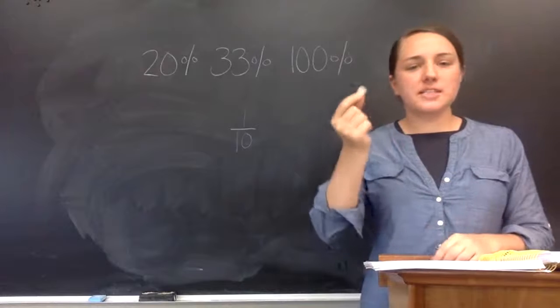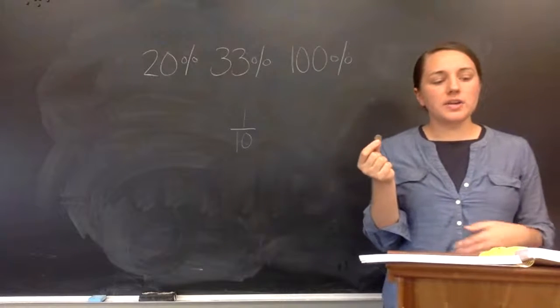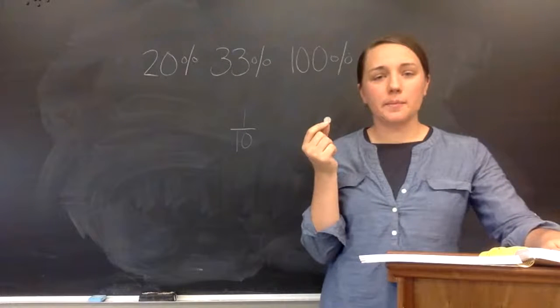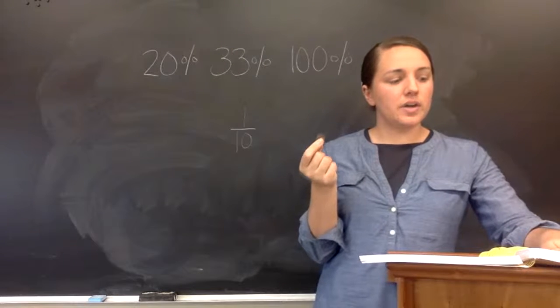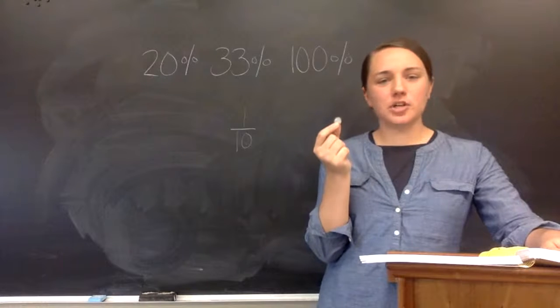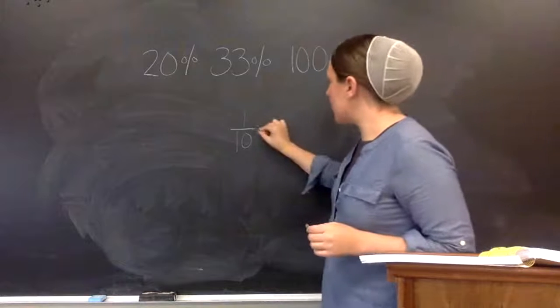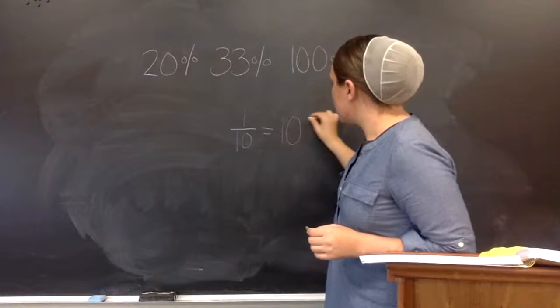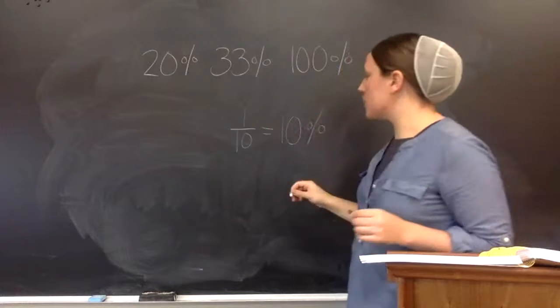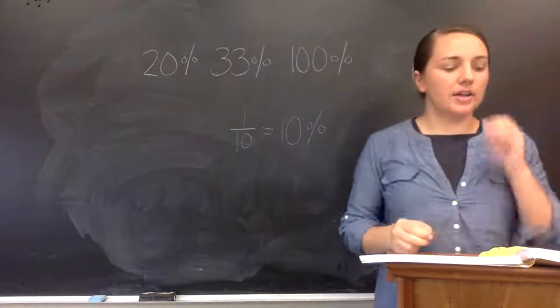So a fraction expresses a part of a whole, but another way to express a part of a whole is with a percent. So we could also say that 1 dime is 10% of a dollar. That would be the same thing as saying 1 dime is 1/10 of a dollar. We could also say it is 10% of a dollar.